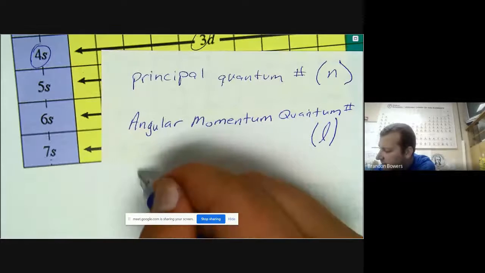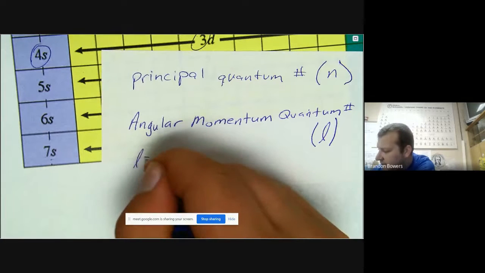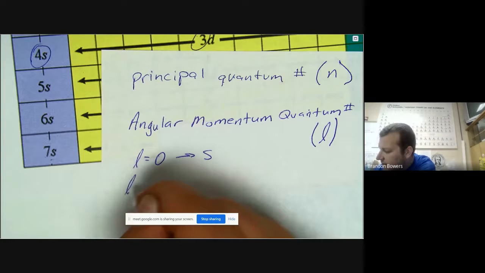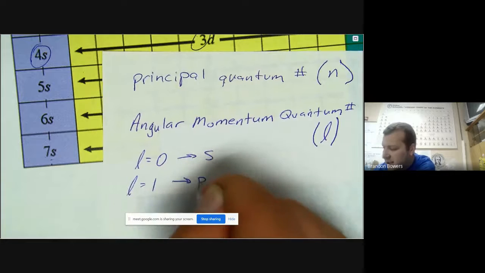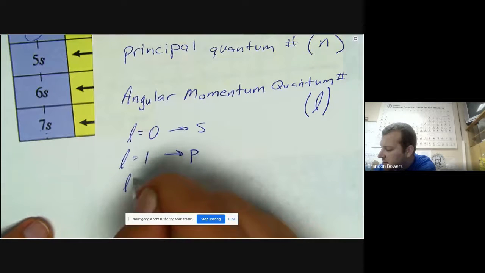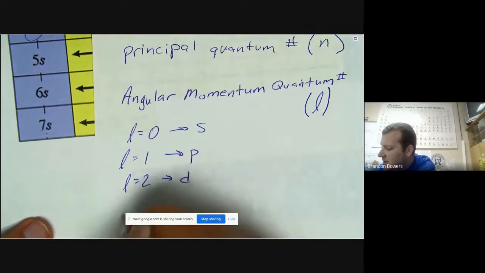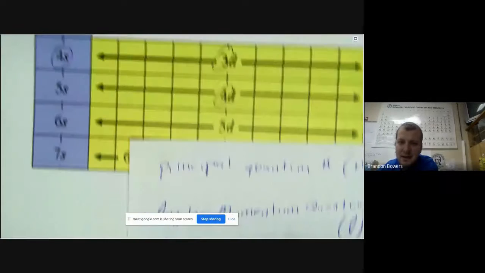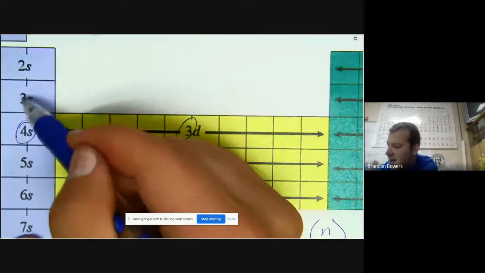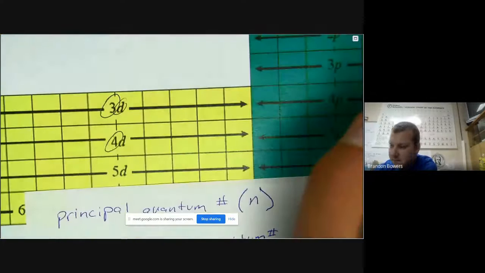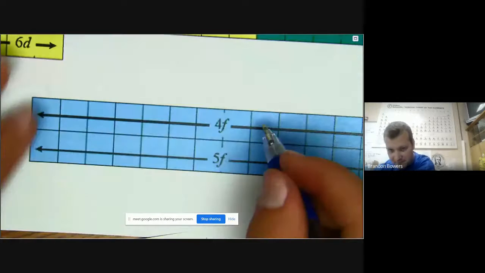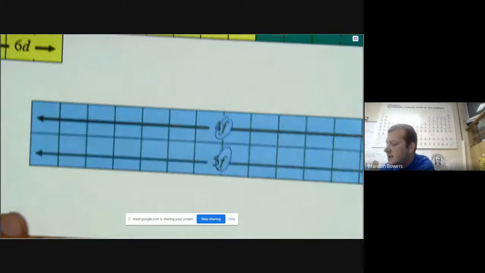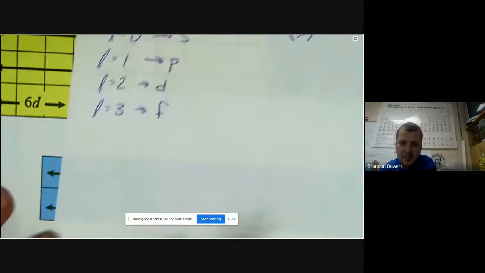If L is equal to 0, that means you have an S. If L is equal to 1, that means you have a P. If L is equal to 2, that means you have a D. And if L is equal to 3, that means it is in the F column. S, P, D, and F mainly just represent where it's at: S, D, over on the right you got P, and at the far bottom, you have the two Fs. So that's the angular momentum number.